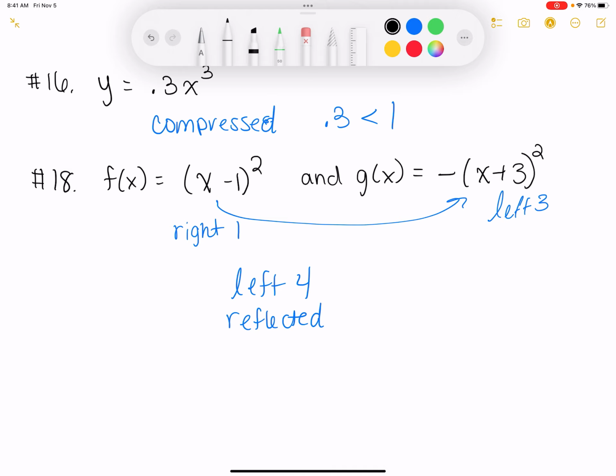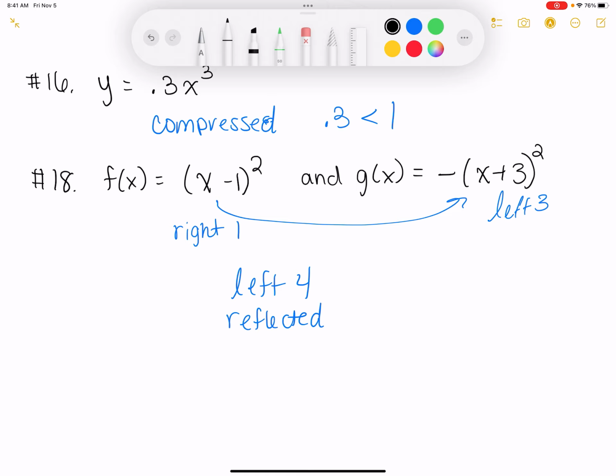I'm not going to do 20 because it's the absolute value of 2x and then 4 times the absolute value of x, and they want you to talk about the horizontal and vertical stretching and compressing, and we're just not doing that part, because all I want you to be able to do is tell me that it is one or the other.